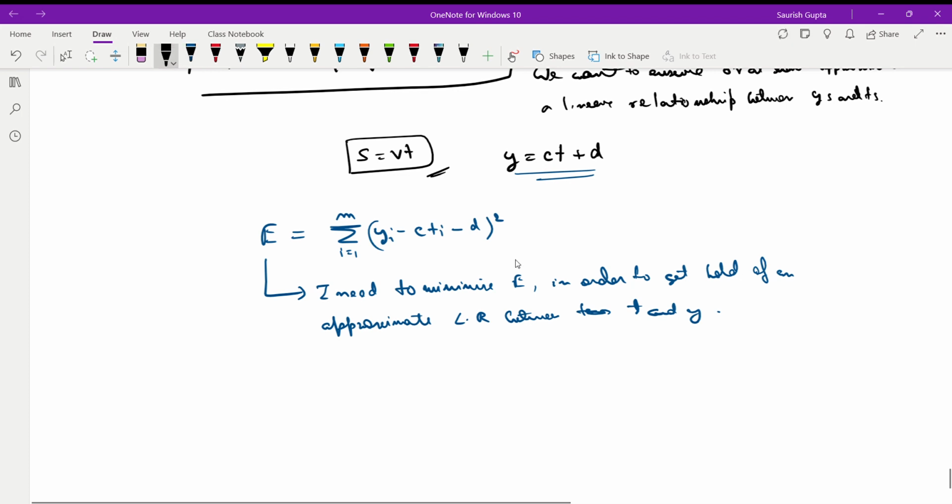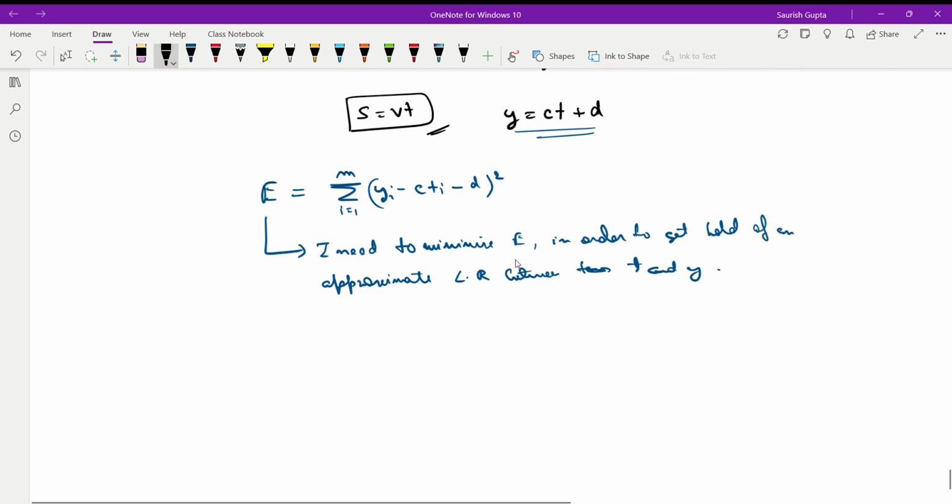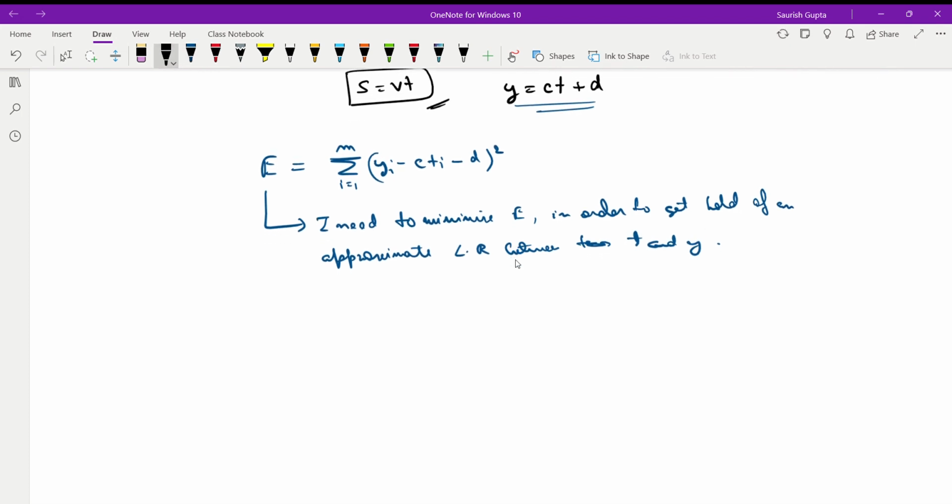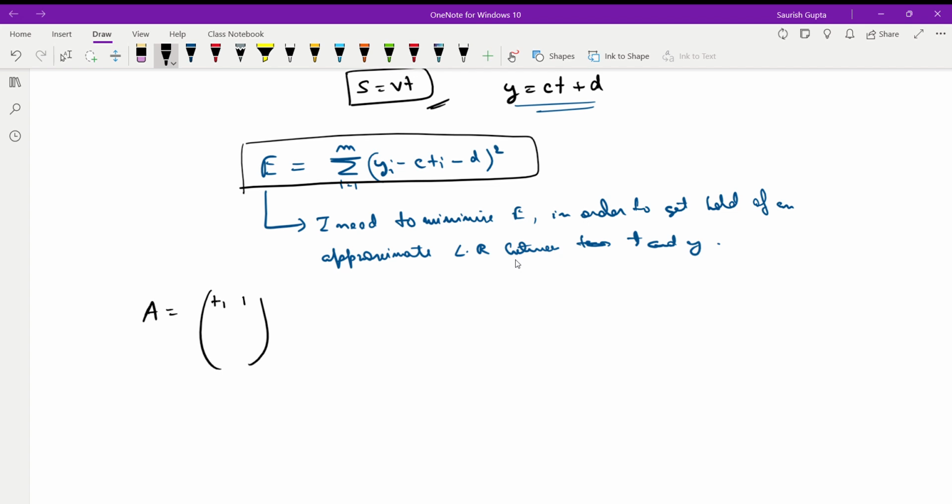So how can we try to minimize it out? What we can do is that surely we are working on linear algebra, and I guess it should be the most obvious procedure to talk about matrices in this case. What I try to do is frame this E in terms of a matrix multiplication. The obvious procedure which we can follow is that I can take A to be the matrix, say, t1 1, t2 1, so on and so forth till tm 1.